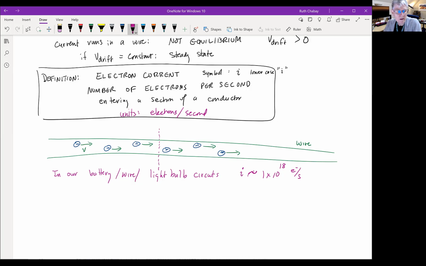Now there's another kind of current that is the kind of current that people talk about most often, which is called conventional current.